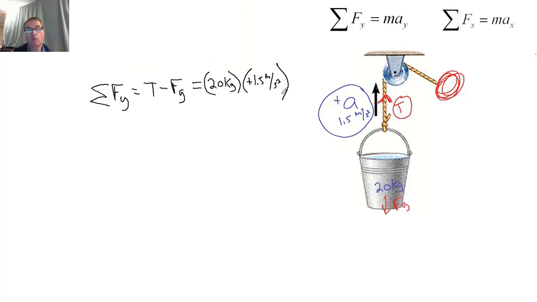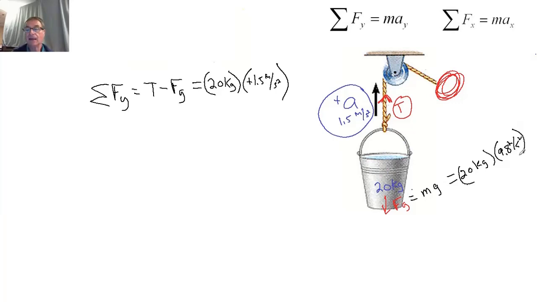Now, we have one equation and two unknowns. However, can we calculate what Fg is? Certainly. Fg is going to be the mass times gravity. The mass is 20 kilograms times the acceleration due to gravity, 9.8 meters per second squared.